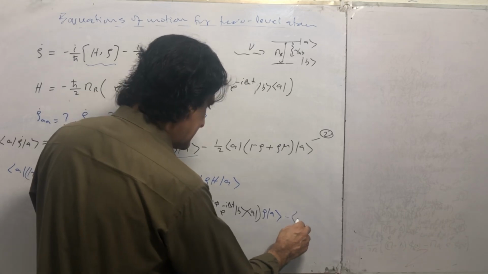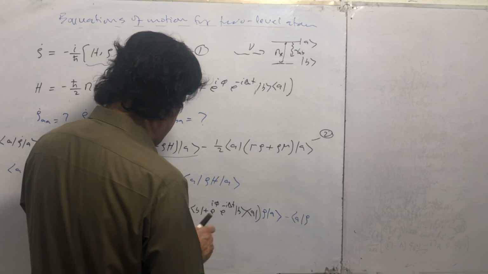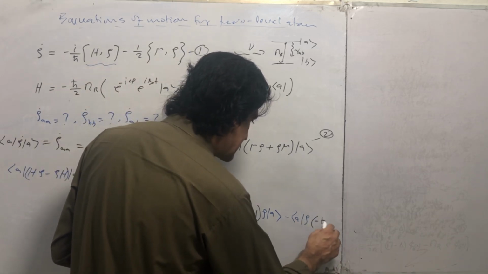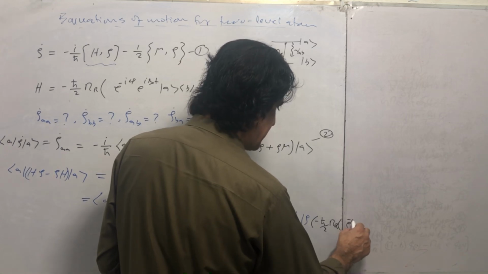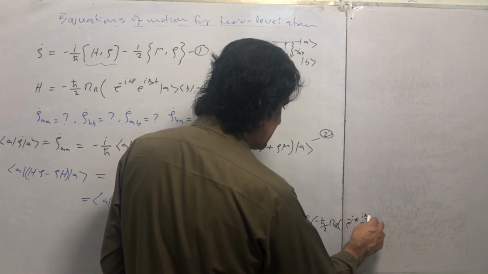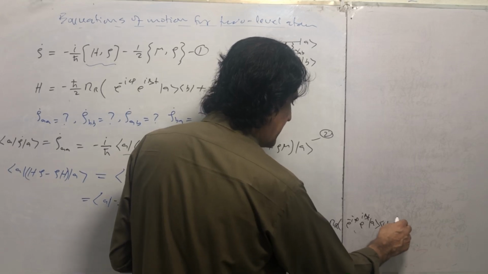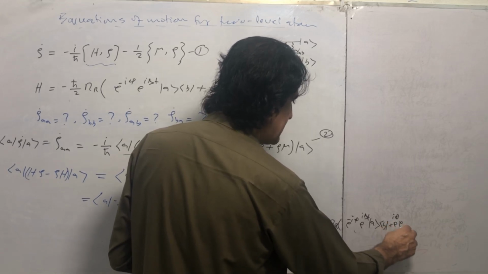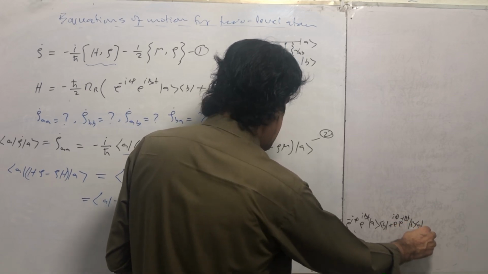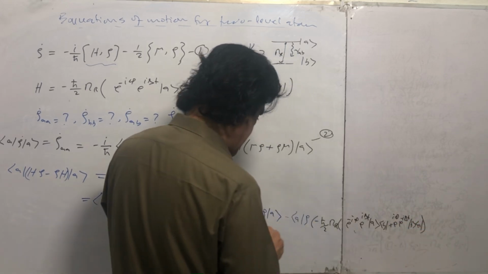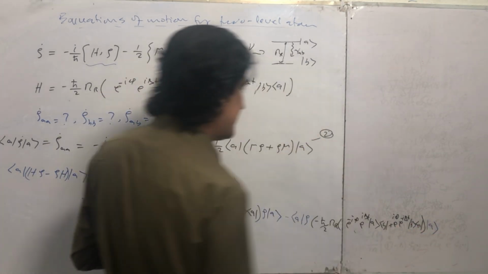Minus <A|ρ, and the value of H, minus ħ divided by 2, Ω_R, into e to the power minus iφ, e to the power iΔt, |A><B|, plus e to the power iφ, e to the power minus iΔt, |B><A|, and the value of A here.